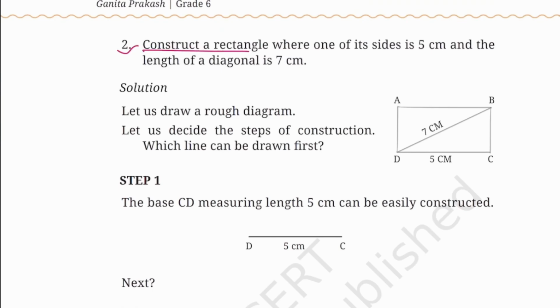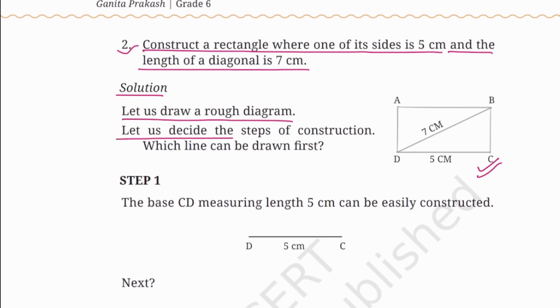To construct a rectangle where one of its sides is 5 cm and the length of a diagonal is 7 cm. Solution. Let us draw a rough diagram like this. Let us decide the steps of construction. Which line can be drawn first? Step 1.